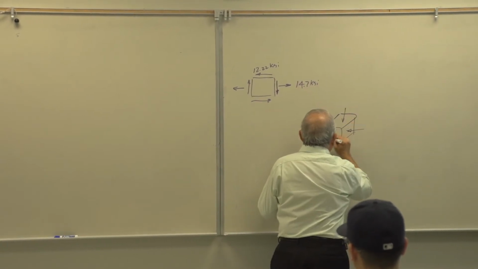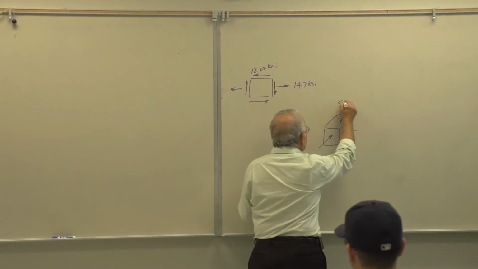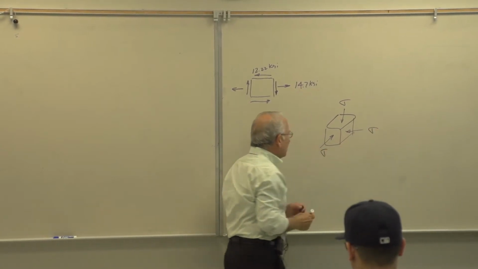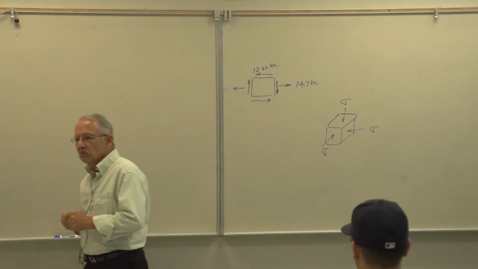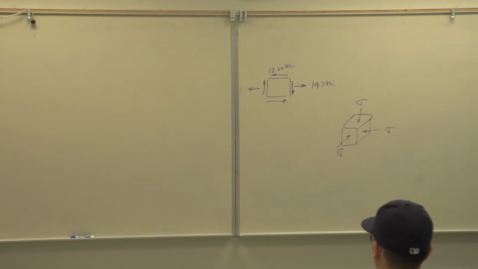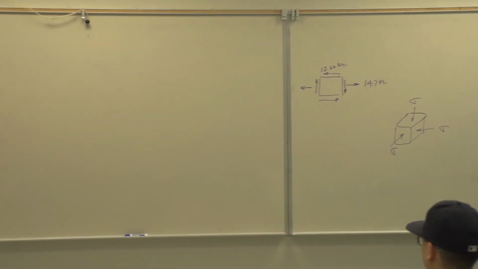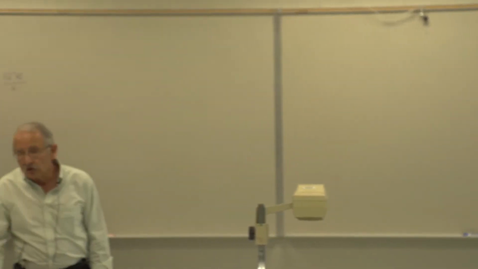If you have a hydrostatic state of stress, at a point where all stresses are equal, say that little cube you take down to the bottom of the ocean, still a cube. Smaller cube, but it's still a cube. No shape change, just volume change.